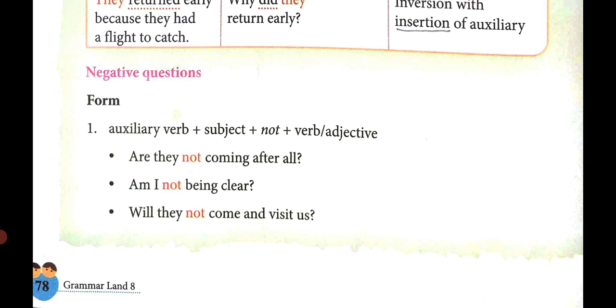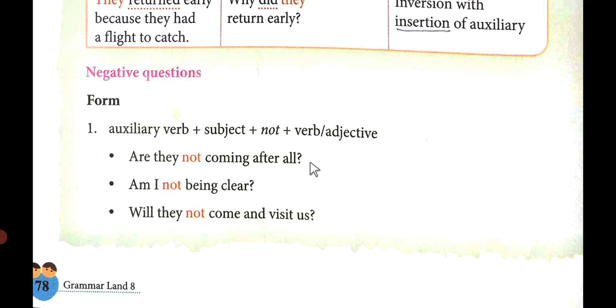I do not like to play. So here negative questions, you can see the form: auxiliary verb plus subject plus not plus verb or adjective you can use. So you can see here first one, are they not coming after all?